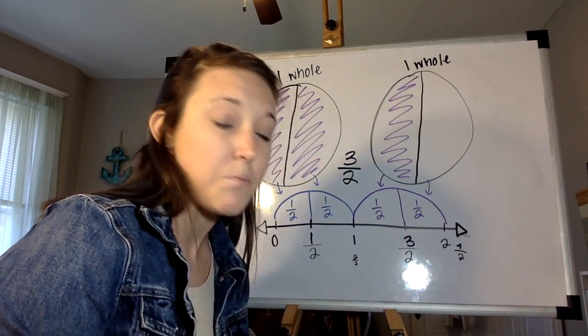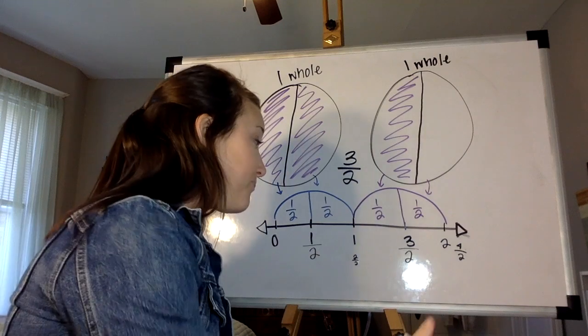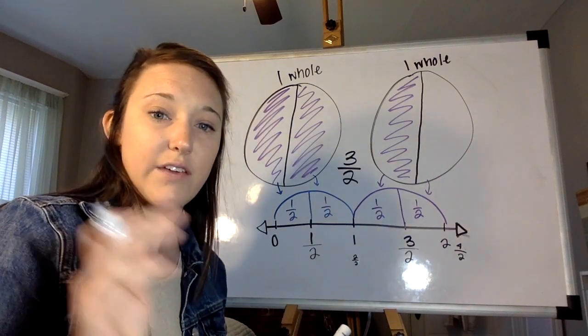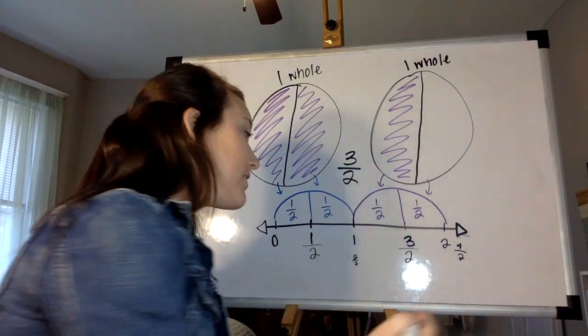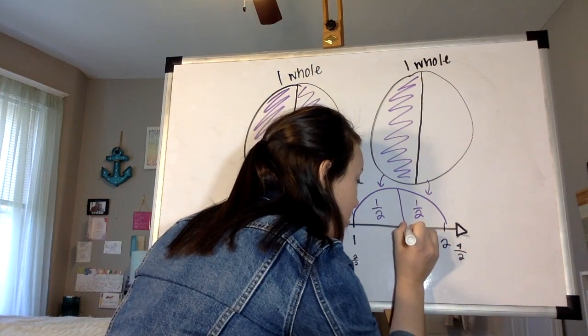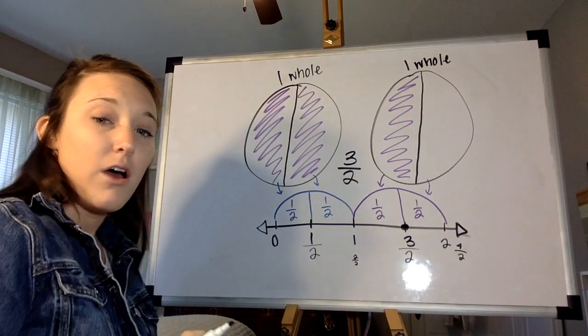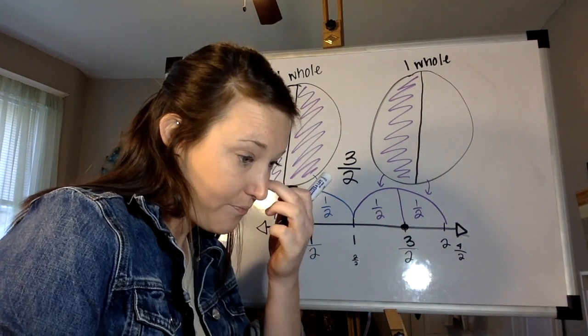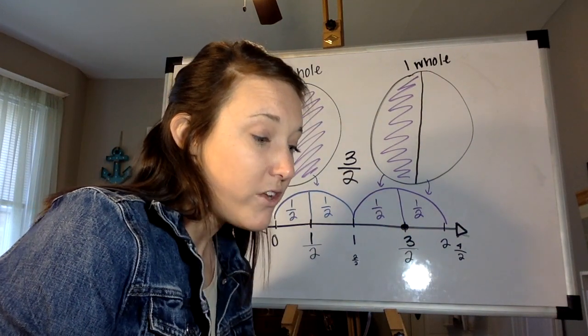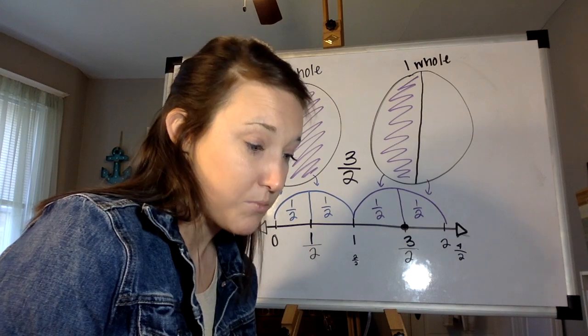So now we need to plot, okay? Remember, our plot is just giving one big circle right there, right on the number or fraction that we're talking about, and we're talking about 3/2. Okay, so I plotted that right there. And then it says, what do you notice and explain?